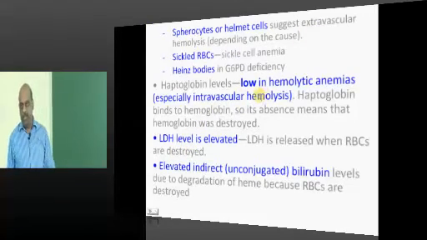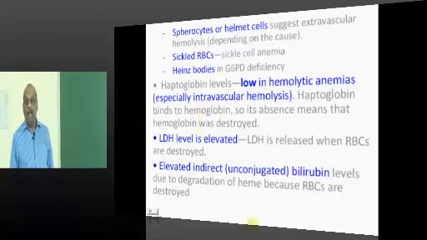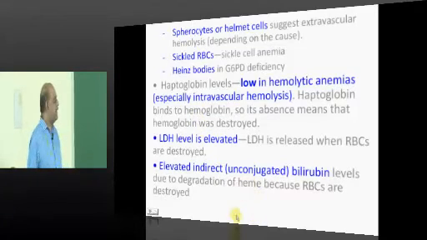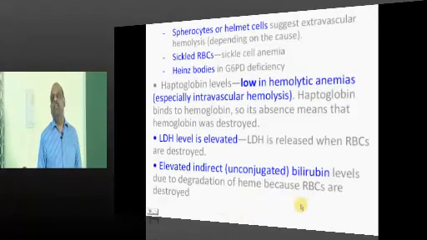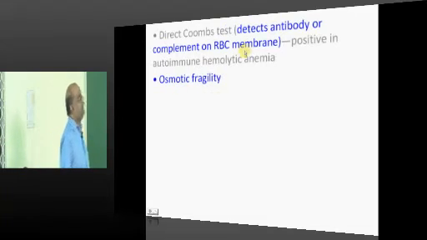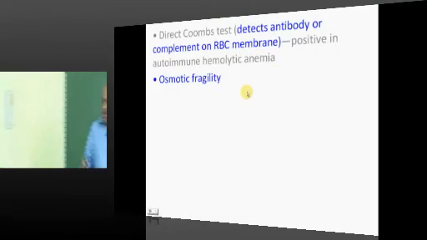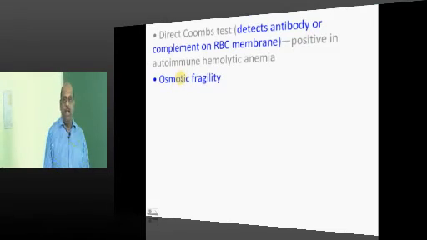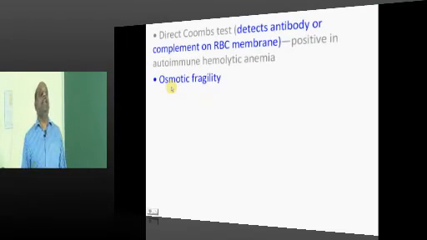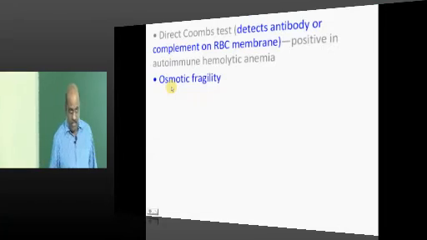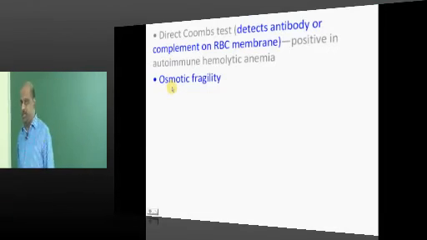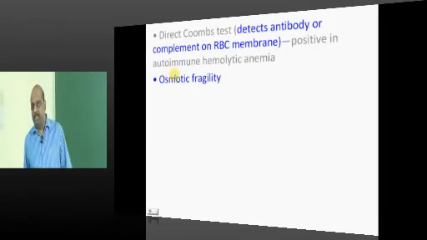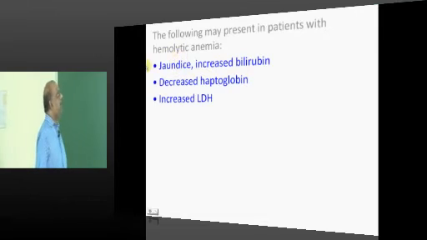Haptoglobin will be low in case of hemolytic anemia. LDH is elevated in all hemolytics, and there will be an elevated unconjugated bilirubin. And if it is autoimmune hemolytic anemia, Coombs test will be positive. And if it is hereditary spherocytosis leading to hemolysis, osmotic fragility test will be positive. These are all the things that need to be remembered.